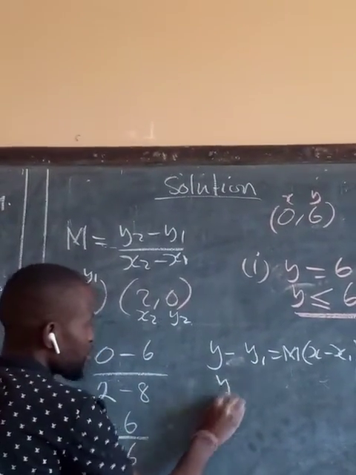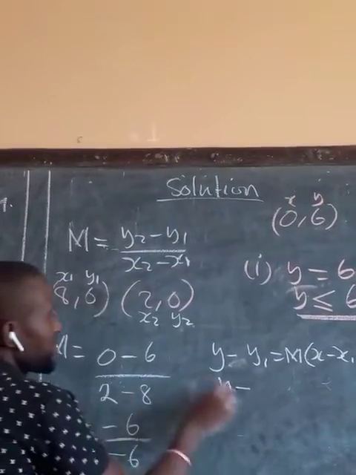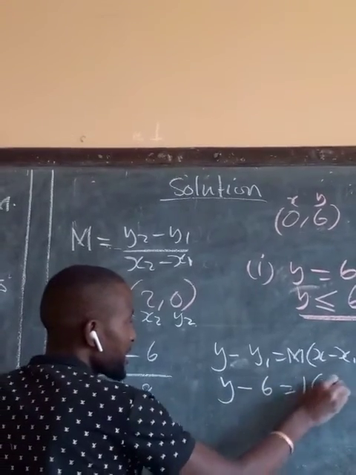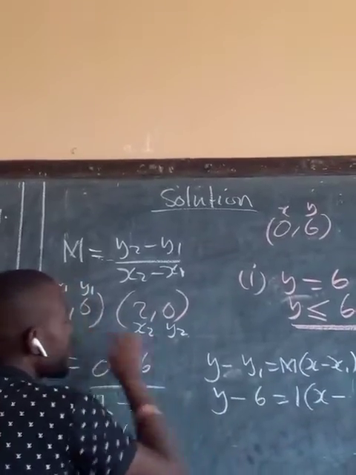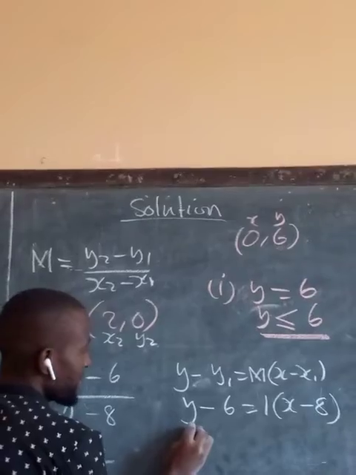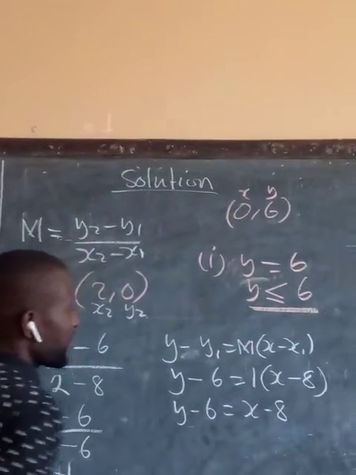We don't know y, so we leave it the way it is. But we know y1 is 6. So it will be y minus 6 is equal to my gradient, positive 1, times x minus, x we don't know so we leave it, then x1 we know is 8. So we write 8 there. Now we simplify: y minus 6 is equal to x minus 8.